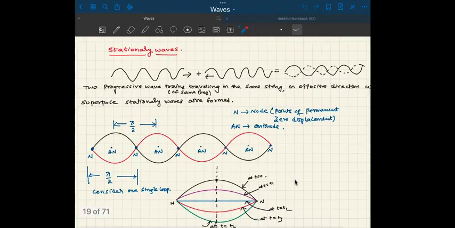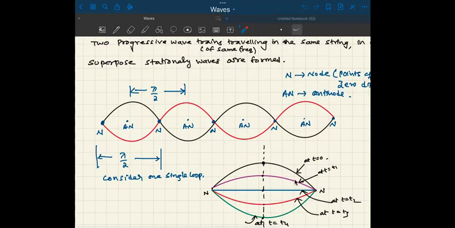Here you see in this loop kind of structure, some regions where displacement is maximum, some regions where displacement is 0. And remember, this entire loop is of length lambda by 2. Why? Because this is your progressive forward moving wave in the absence of the other, and this is your wave moving in the negative x direction in the absence of the other.